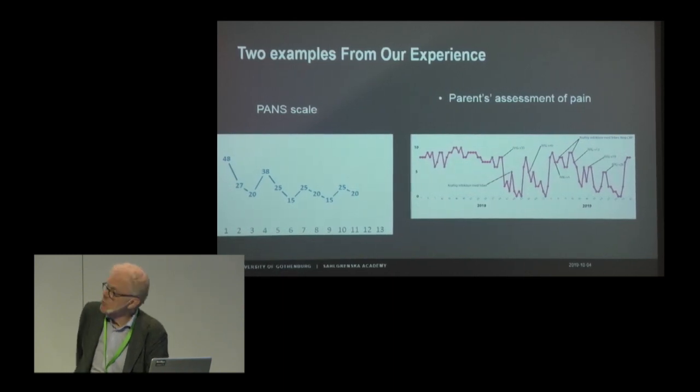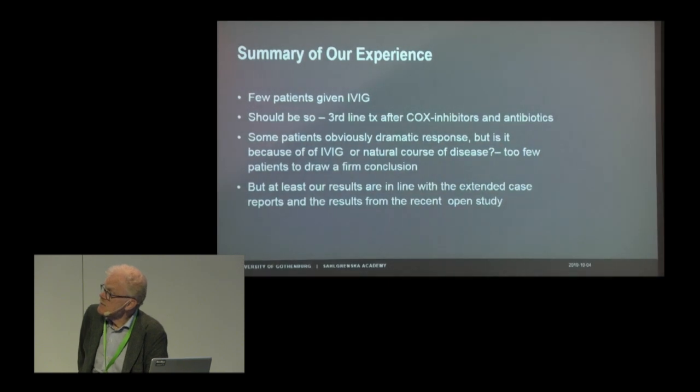So if we summarize our experience, few patients are given intravenous immunoglobulins, and I think that's correct. It should be so. It's third line therapy after COX inhibitors and antibiotics and possibly steroids.